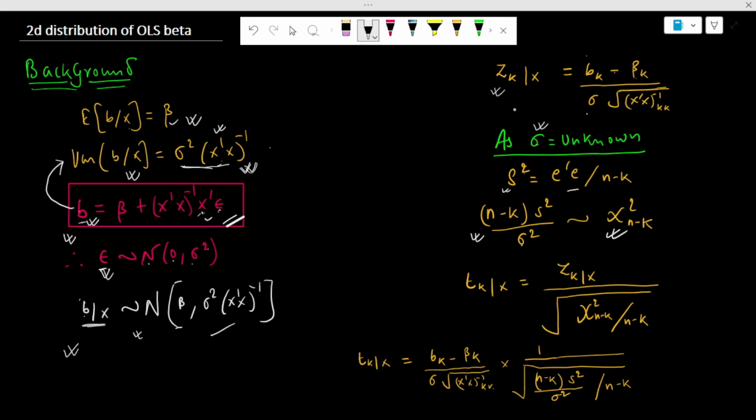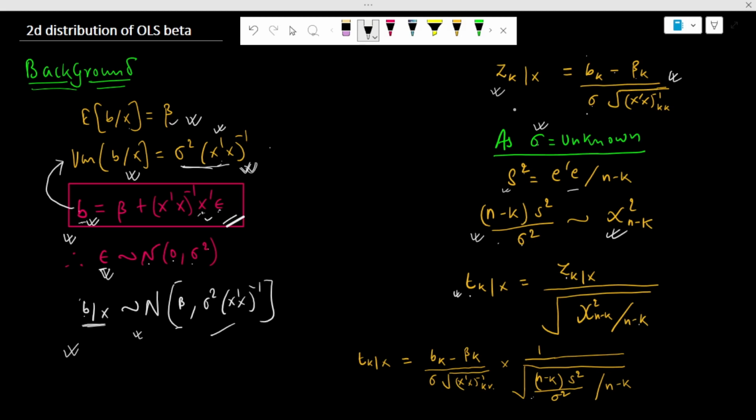When we don't know sigma and estimate it from the sample, the Z distribution converts into a T distribution. In generic form, T is equal to Z divided by the root of chi-square divided by its degrees of freedom. For our case, the Z score is given by this expression, and the chi-square has this value, divided by n minus k, the degrees of freedom.